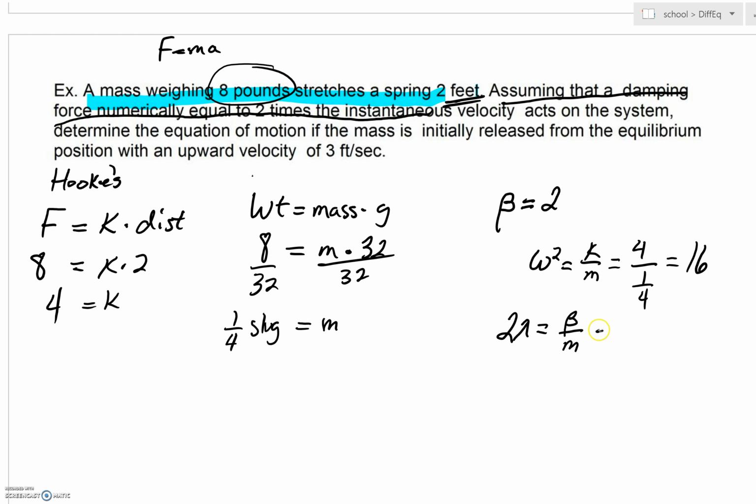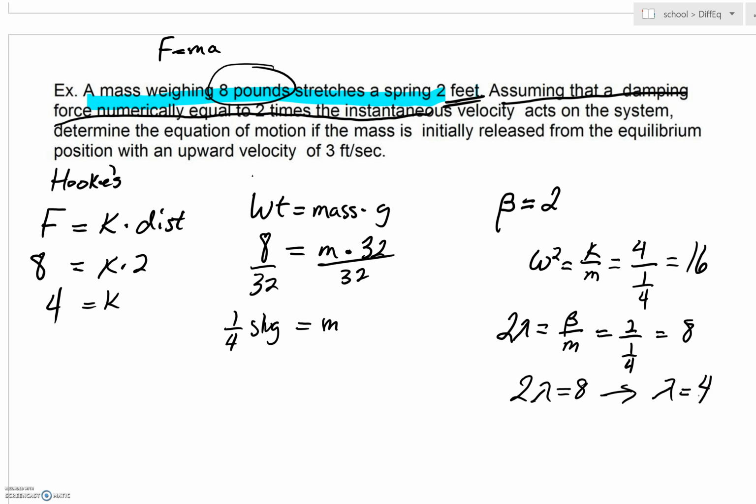Your beta is 2, and your mass was 1/4, so that's going to get you an 8. So 2 lambda is equal to 8. That also means that lambda itself would equal 4.